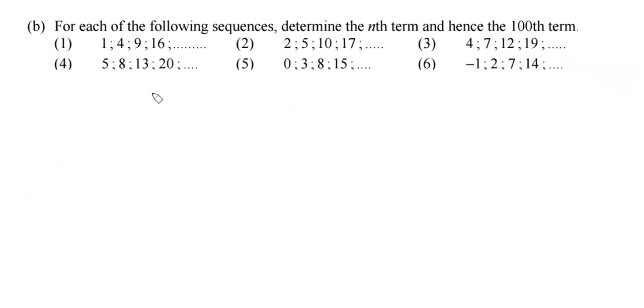Now, in other questions you see that you don't have a formula to use. You are not given a formula. You just need to think, how do we get to this? So, for example, let's take the first one here, 1, 4, 9.